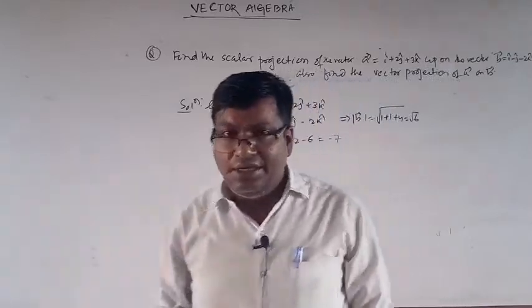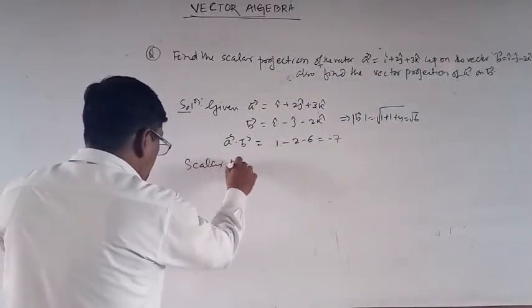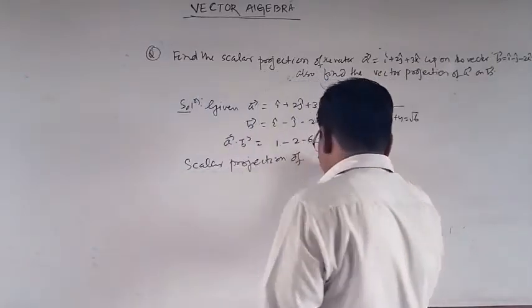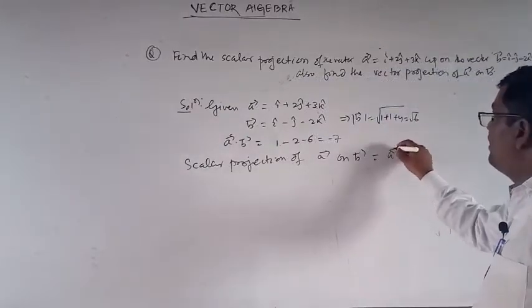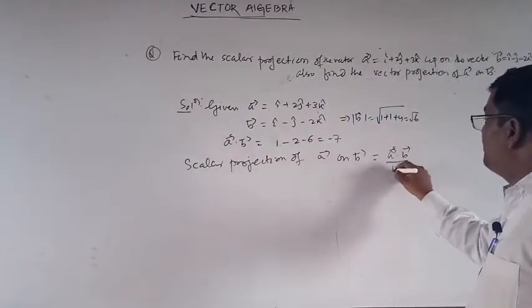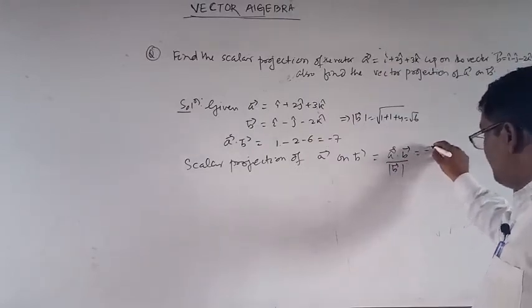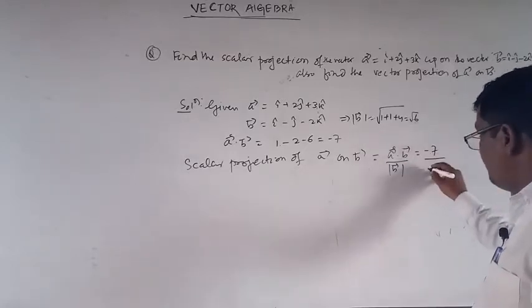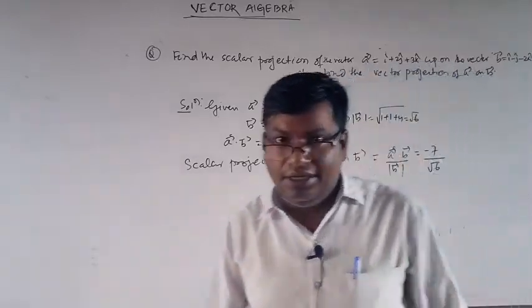Scalar projection of vector A on vector B is equal to A dot B divided by magnitude of B, which is minus 7 by root 6. Now the vector projection of A on B.